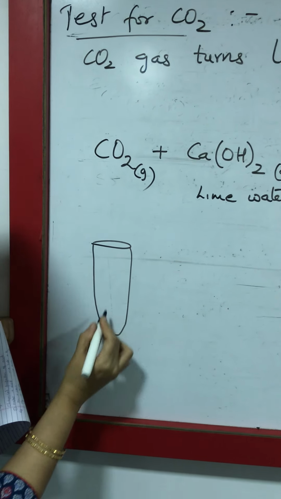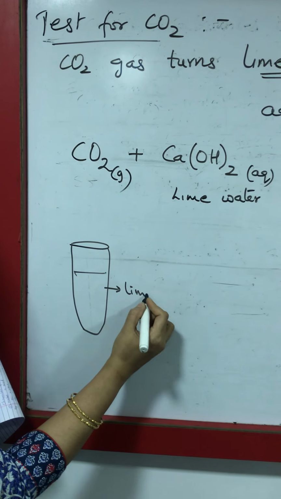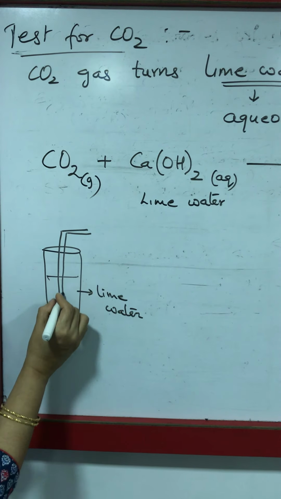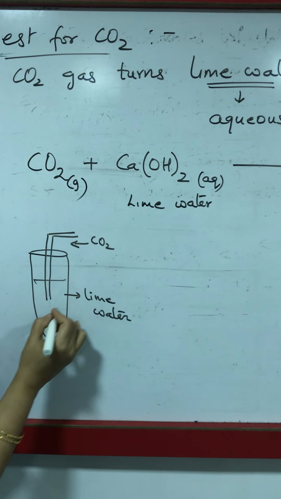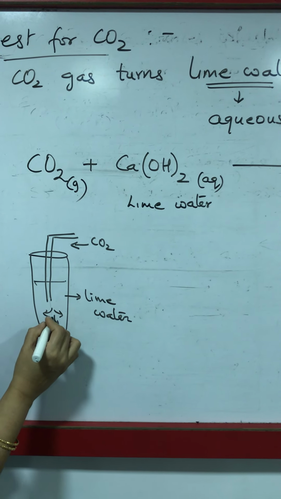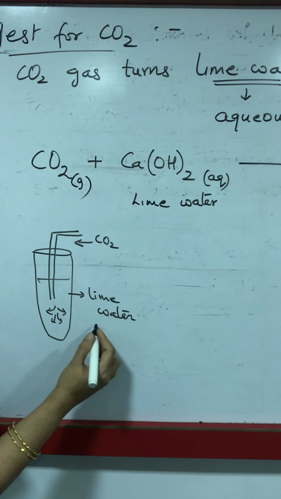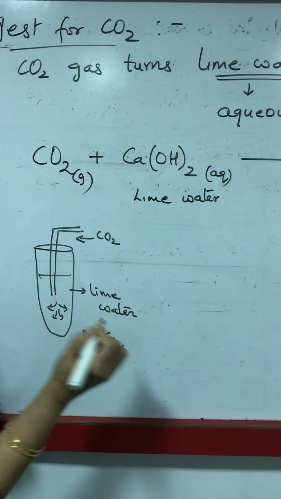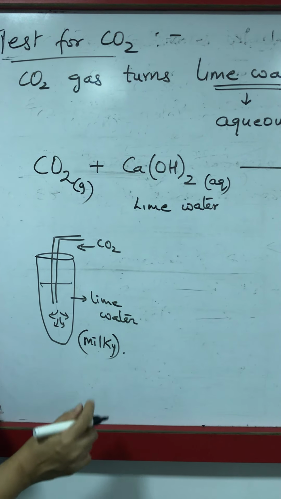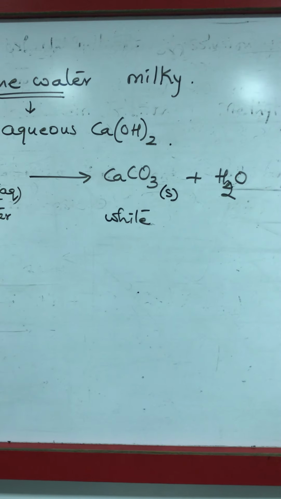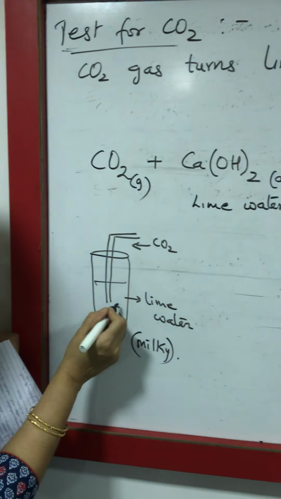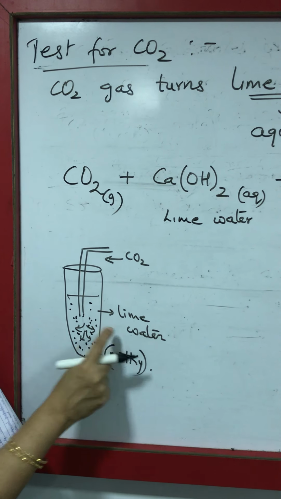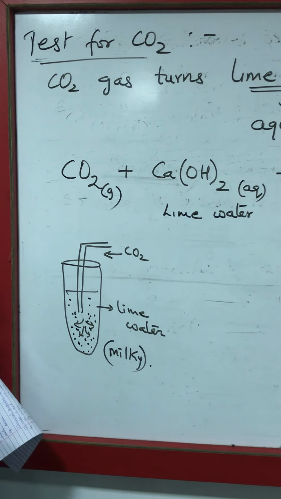So initially lime water is transparent. When we pass carbon dioxide into this lime water, then it will lose its transparency and turn milky. It has turned milky because of the formation of calcium carbonate, which is solid.